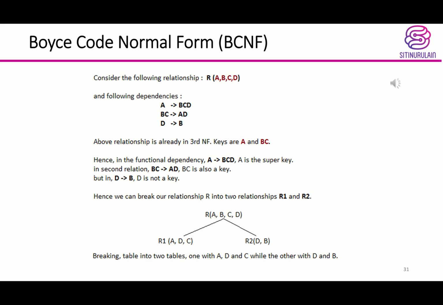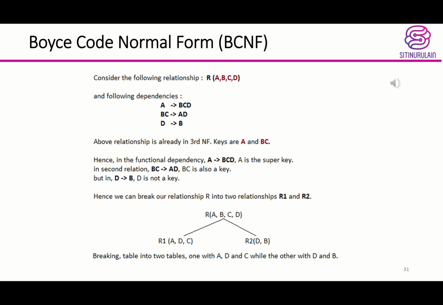Consider the following relation R(A, B, C, D), with the dependencies A determines BCD, BC determines AD, and D determines B. This relation is already in third normal form. Keys are A and BC. Hence, in the functional dependency A determines BCD, A is a superkey.